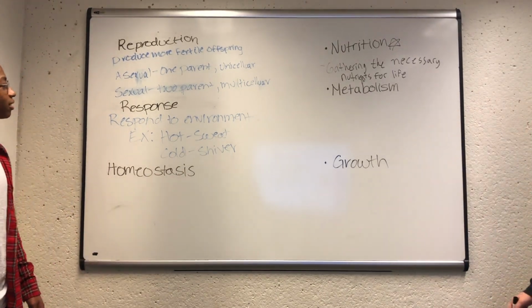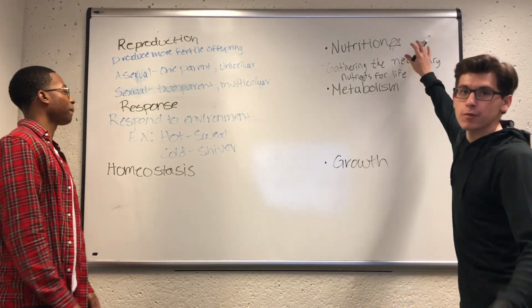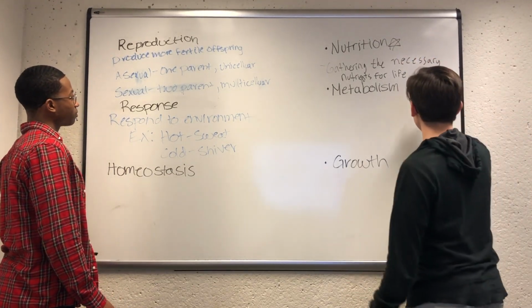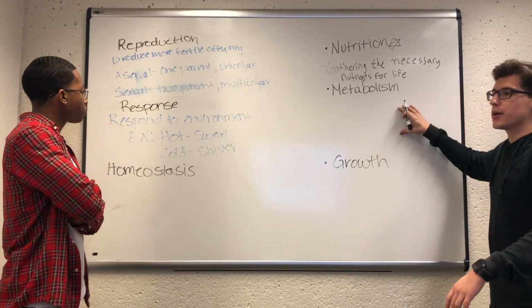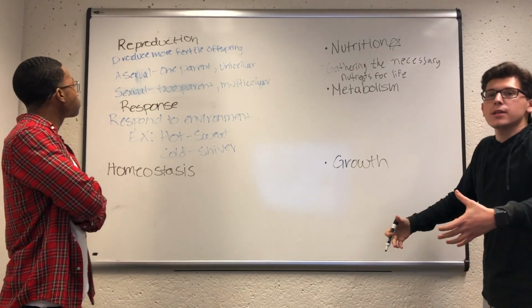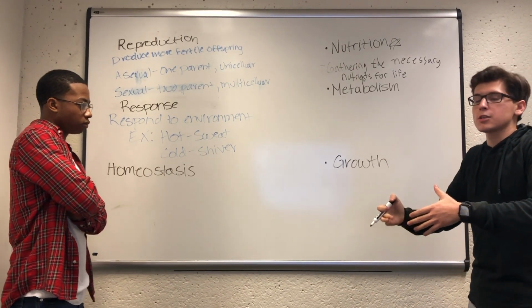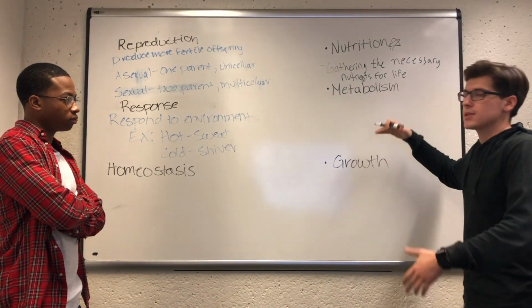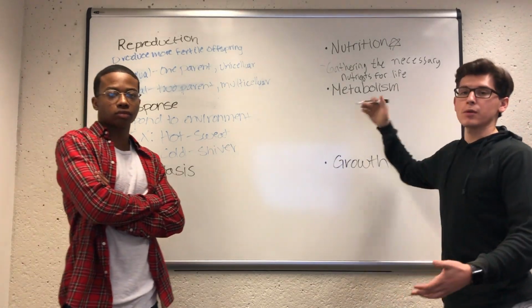Alright, so now we're talking about metabolism. That's going to lead from nutrition. This is exceptionally important because you're going to have anabolism and catabolism, which are important for your body to start building things and to break down things. The body's going to do that, and it's going to coincide with gaining energy and losing energy. Metabolism also plays a role in homeostasis.